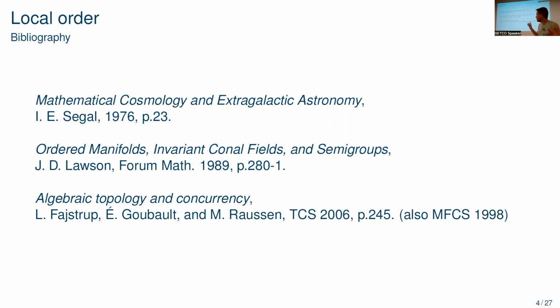And actually, all the weirdness and pathologies one can find on local orders are out of the scope of this paper. The paper by Lawson actually establishes that the intuitive local pospace, in some sense, comes from something which is called conal fields. And the conal fields are the light cones in general relativity. Or actually, an abstraction of it.